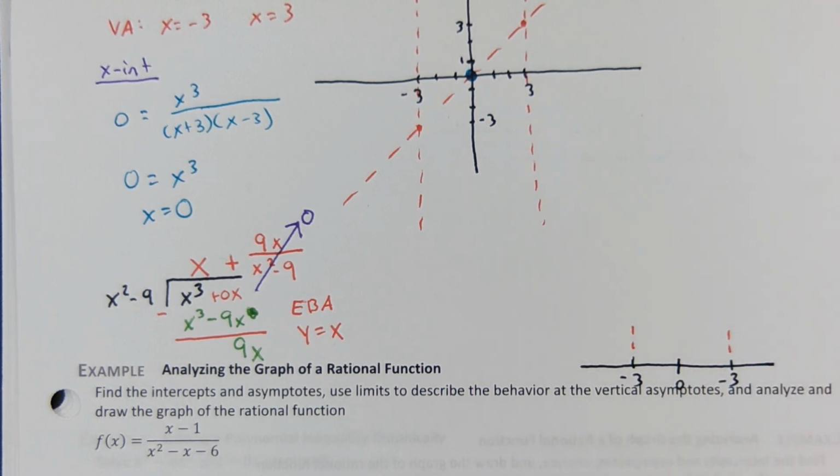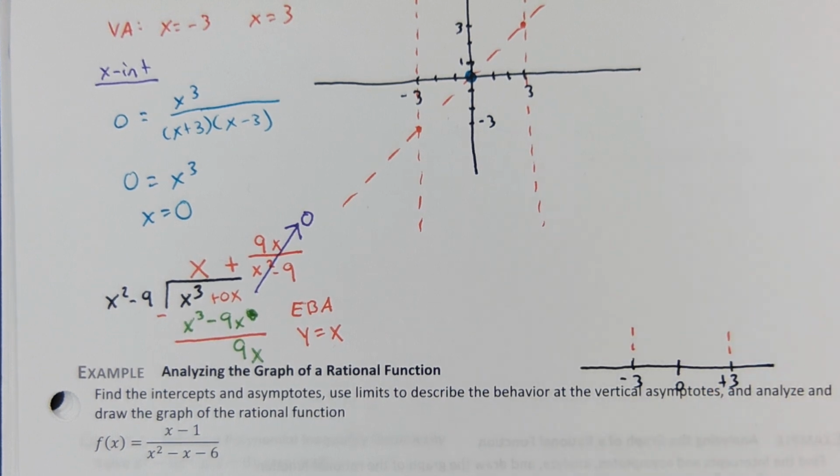Our sign diagram has been split into 4 zones by the intercept, there's only one of them, and the vertical asymptotes. I just wanted you to see why I'm going to be addressing 4 zones, because my x-axis has been chopped into 4 pieces.